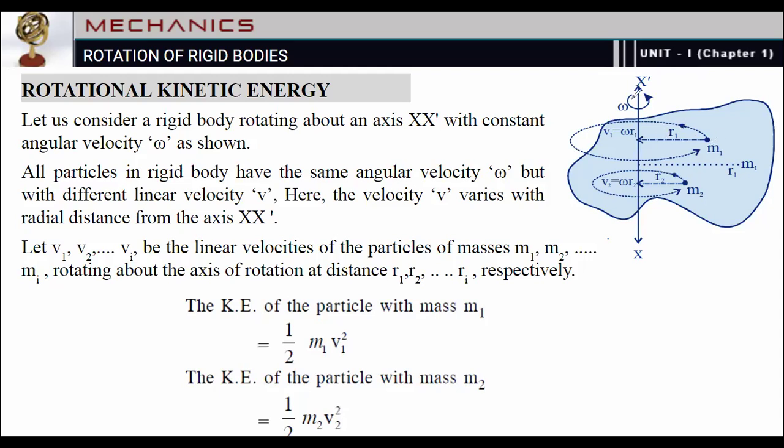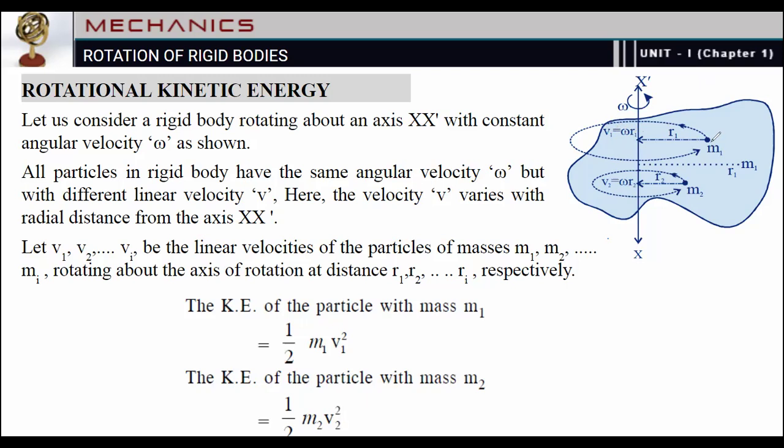So this m1 can be placed at a distance r1 from the axis of rotation. This XX' is the axis of rotation, with which it is rotated with angular velocity omega. The second particle m2 is lying at a distance r2 from the axis of rotation. The relation between linear velocity and angular velocity can be written as v equals omega r, where omega is the angular velocity and v is the linear velocity.